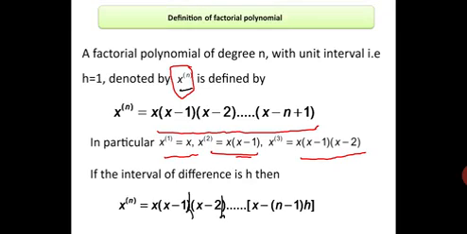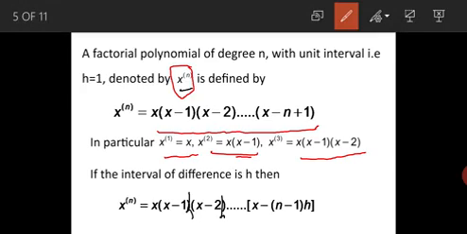Right, friends? So if the interval of difference is h, that is, we are taking h as the interval of difference, then what will be x factorial n? You can see it here, x factorial n equals x is one term, x minus h is another term, x minus 2h it should be.